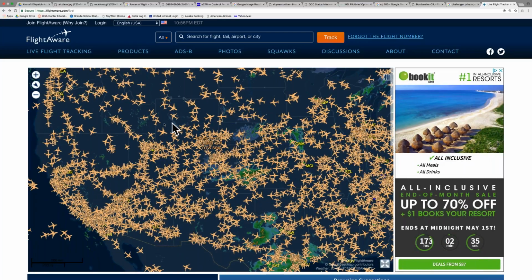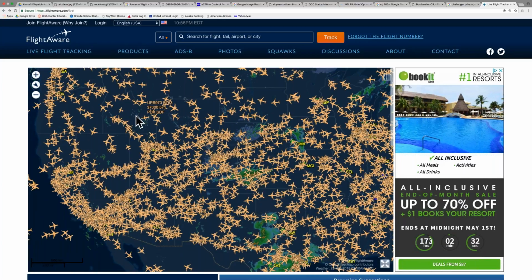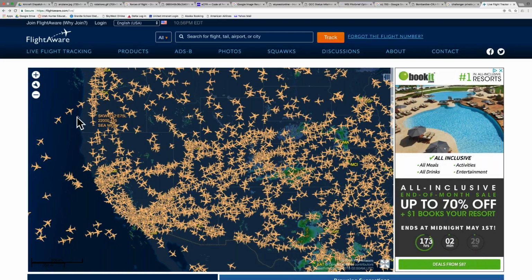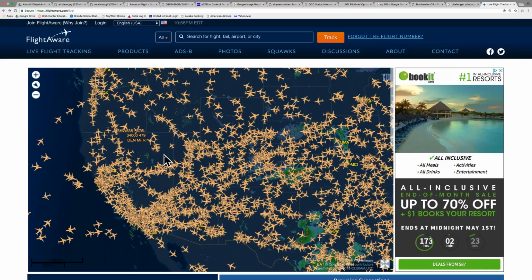And remember, something to help you realize the scale of this map. What jet has a wingspan that large?